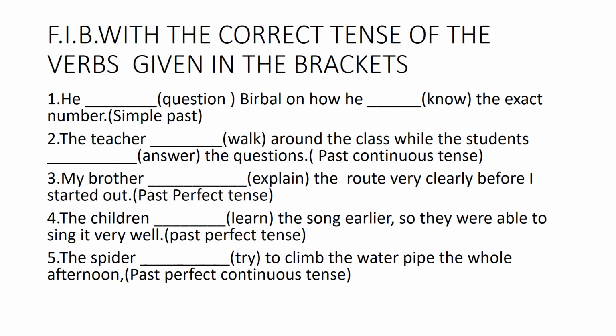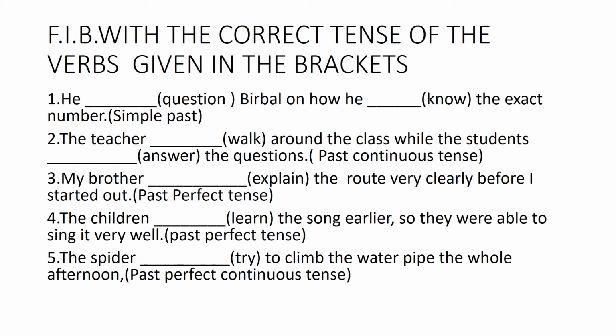If the subject is you, we, they, we have to use were. Now here the subject is she. The teacher means she. So she was walking round the class while the students, meaning they, were answering the questions.